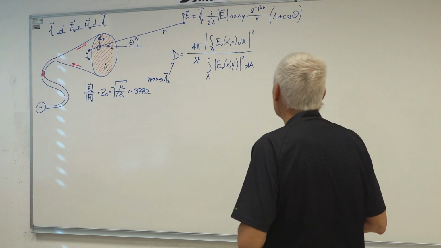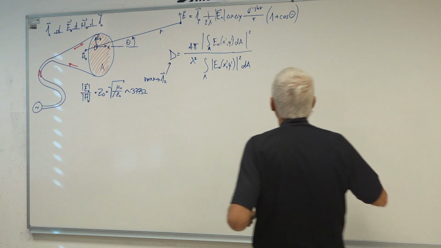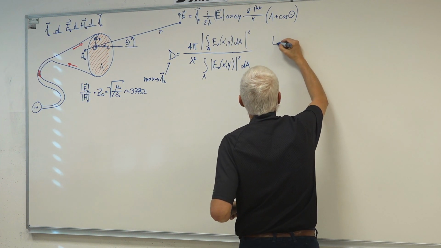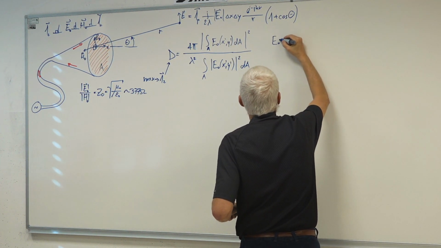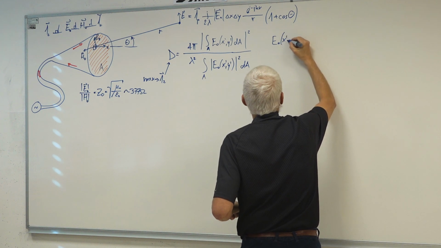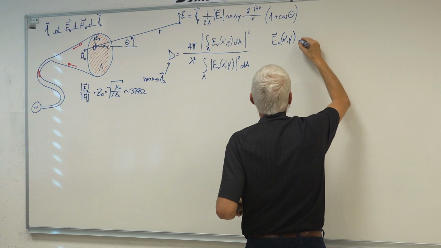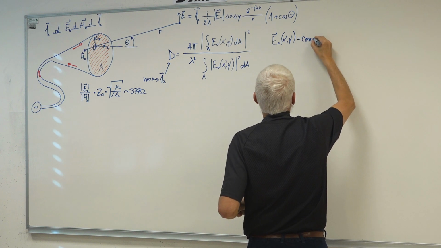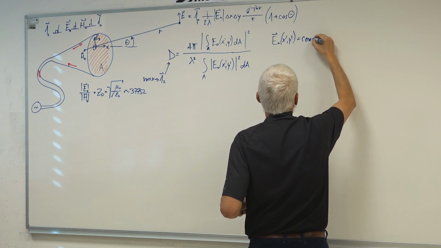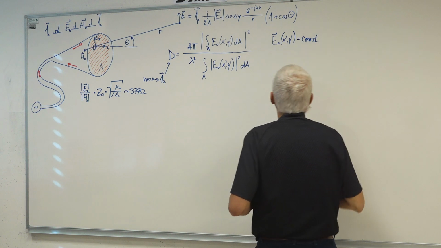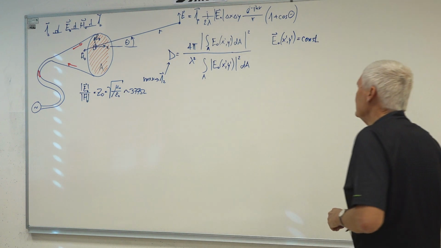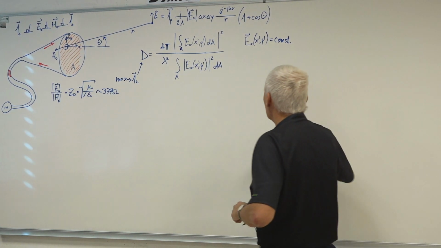Of course, this thing simplifies much if the illumination of our aperture, E of x prime, y prime, I may write it as a vector here, is a constant. If this is constant, then this thing simplifies into what?